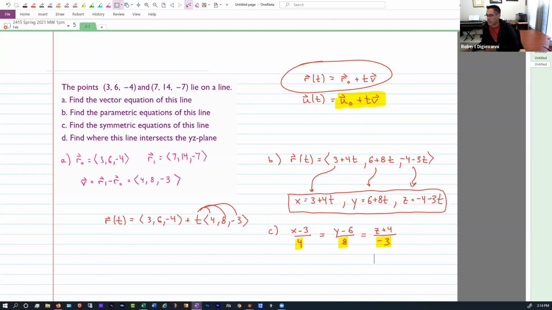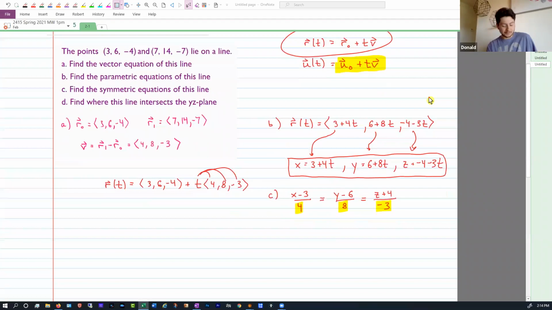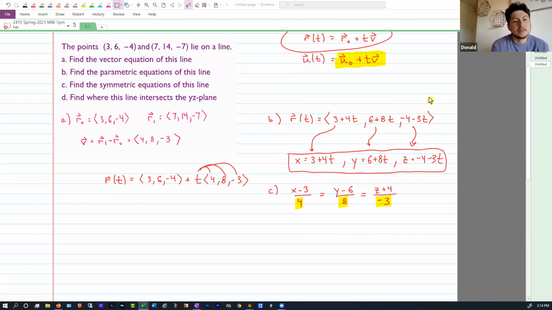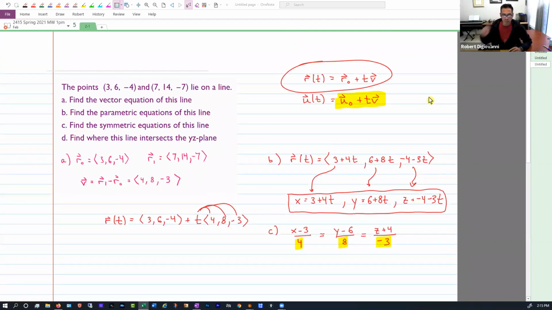All right, part D. We have not asked a question like this yet. So Donald, you're up. I would like to know, Donald, where this line intersects the YZ plane. So I want you to think about that.